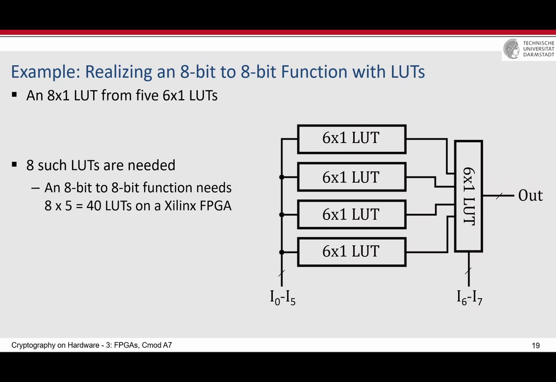But of course, as I said, this is just to implement an arbitrary function. If you give the definition of this function to Vivado, it will try to minimize and optimize it and use fewer LUTs to realize that 8-bit to 8-bit function. But the maximum you need is 40 LUTs to realize an arbitrary 8-bit by 8-bit function.